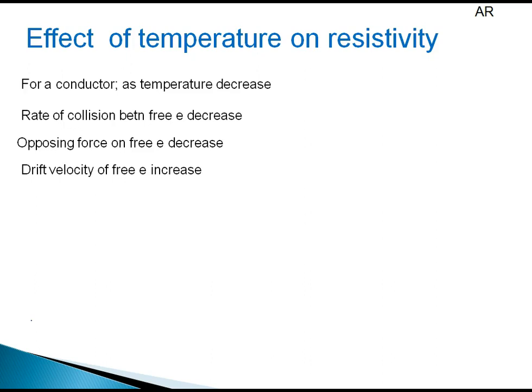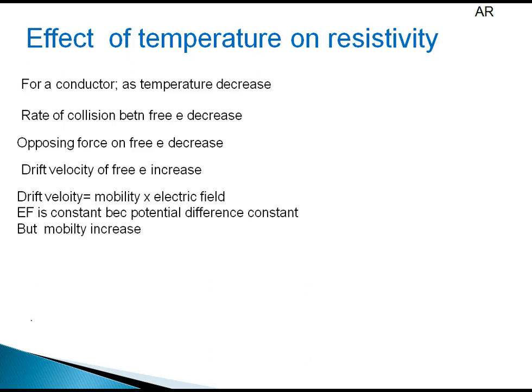We know the formula: drift velocity equals mobility times electric field. Of course potential difference is same, electric field is same, but mobility is increasing, so drift velocity is also increasing. And we all know resistivity is inversely proportional to mobility. So when mobility is increasing, the resistivity will decrease. And for superconductor, what I told.